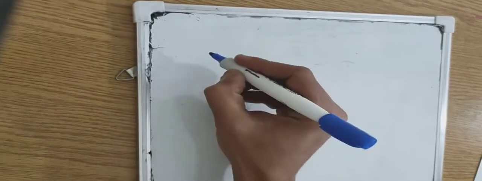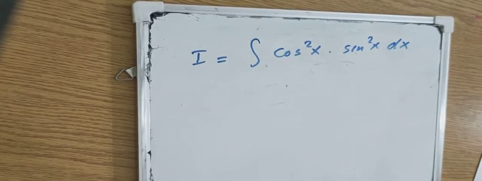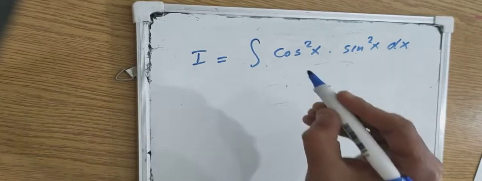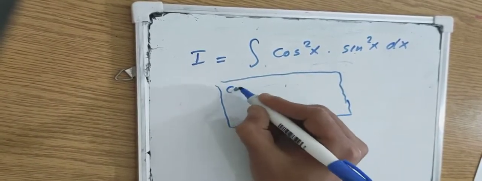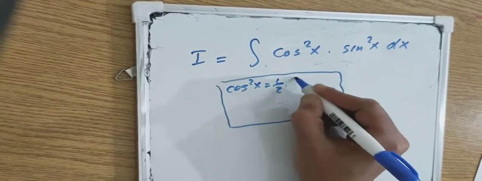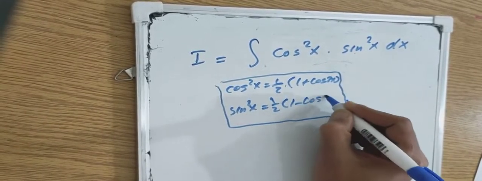And now the question: what if both powers are even? Let's see, for example, if we have the product of cosine squared x times sine squared x. Now both powers are even, no odd power, and in this case we use the double angle rule that cosine squared is equal to half of 1 plus cosine 2x, and sine squared is equal to half of 1 minus cosine 2x.